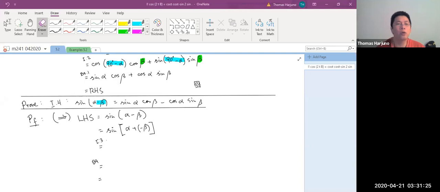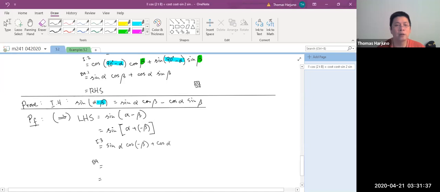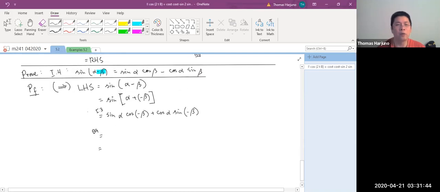So I go on with using formula 1, 3. That's sine alpha cosine negative beta plus cosine alpha sine negative beta. And using negative angle formulas, we will get sine alpha, cosine negative beta is cosine beta, plus cosine alpha negative sine beta.